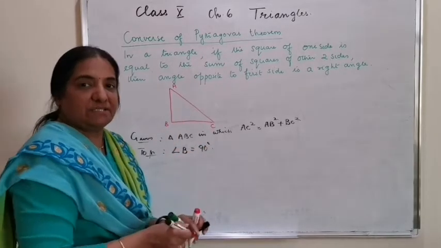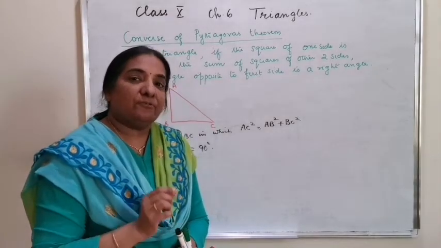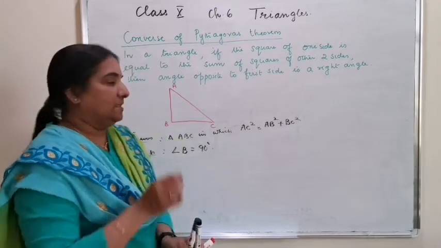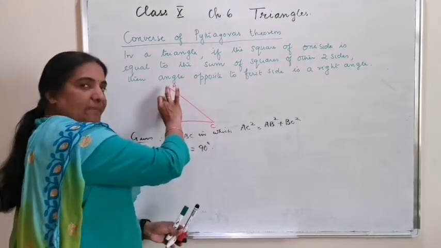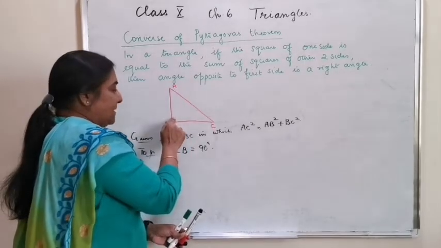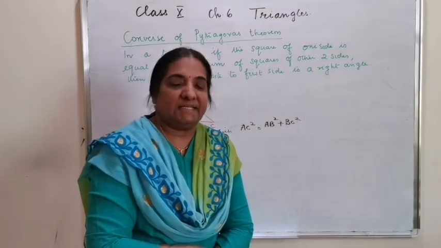Here the construction plays a very important role, because we can construct a triangle with the measures of BC and AB at the same time with the included angle as 90 degrees.